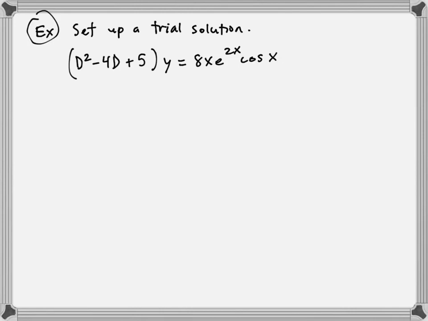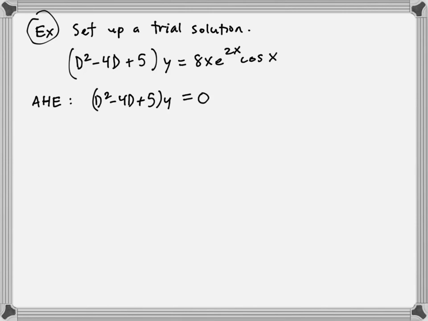Okay, so if we look at the associated homogeneous equation, we know that this guy is D squared minus 4D plus 5, y is equal to 0, right? So this is what we need to solve to find yc.